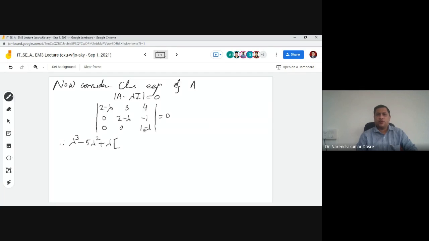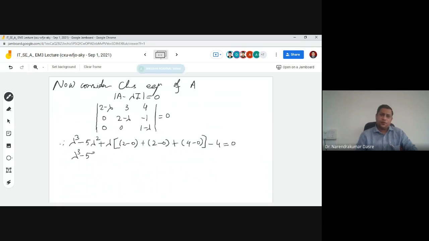This is going to be 2 minus 0, plus the minor for this 2, again you will have 2 minus 0, plus the minor for this 1. So 2 twos are 4 minus 0, and minus the determinant. What is the determinant we have? Minus 4 is equal to 0.